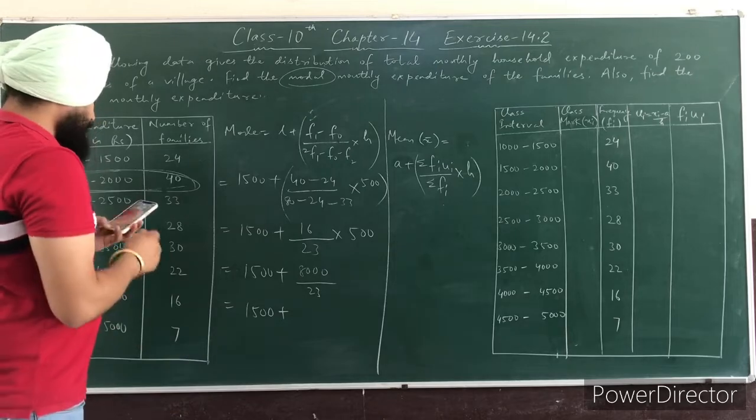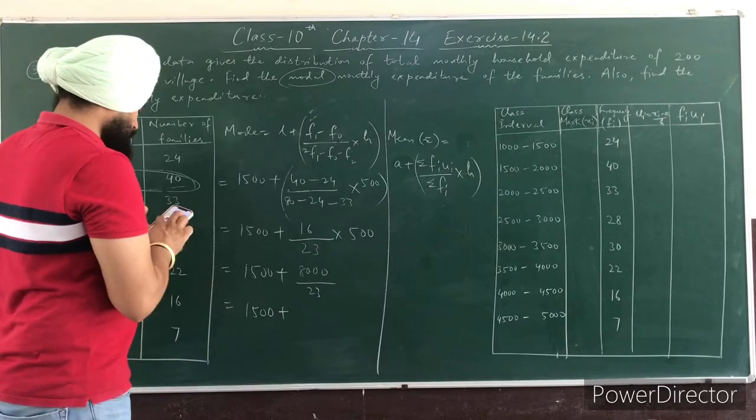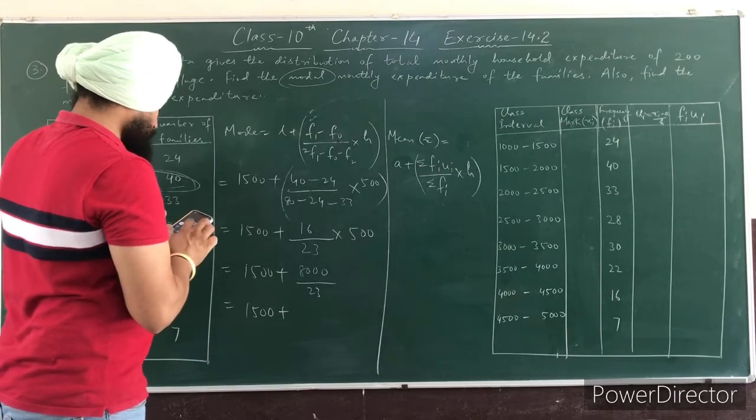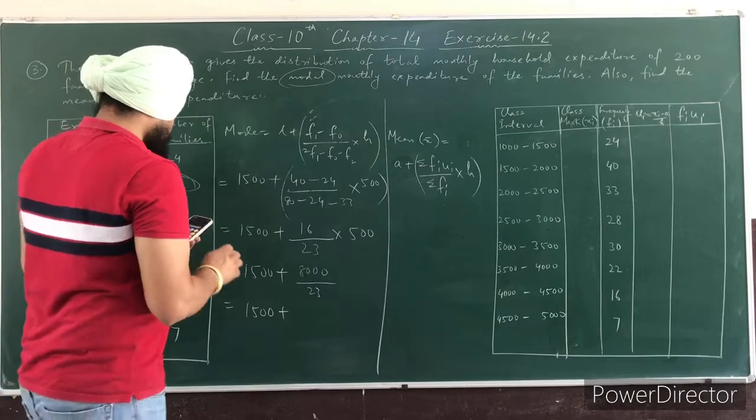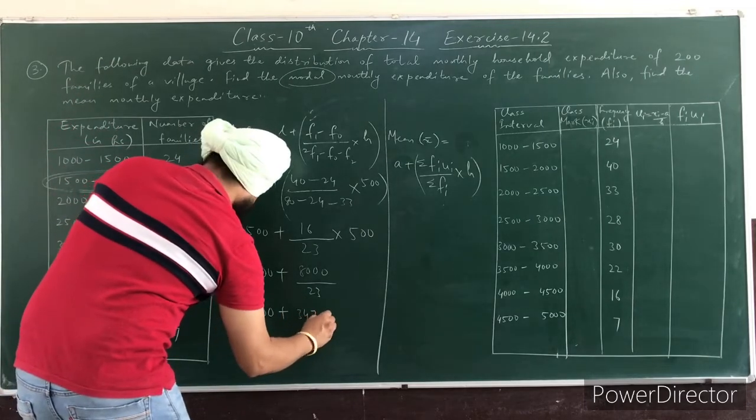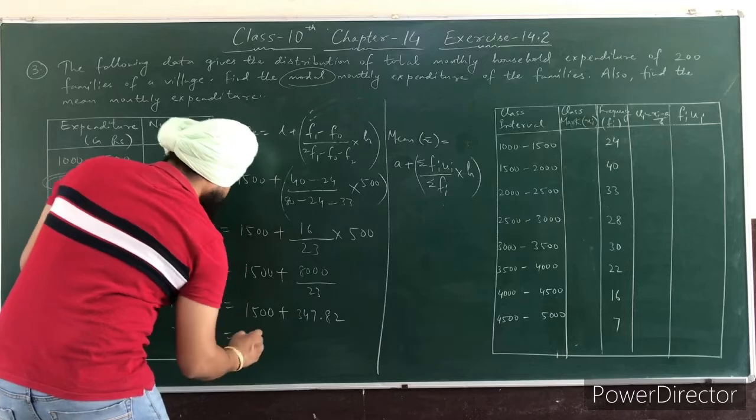Now divide this 8000 by 23. It is 347.82 approximately.